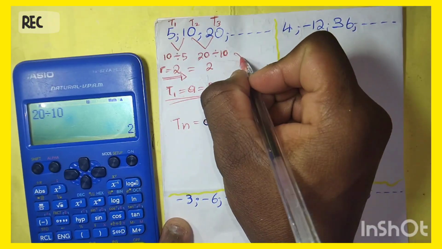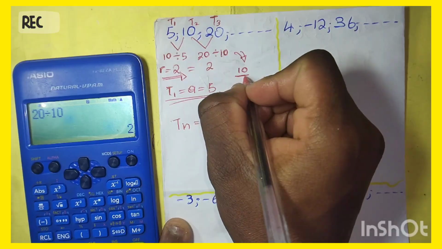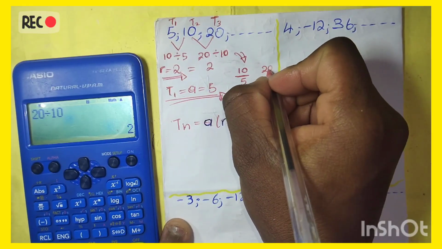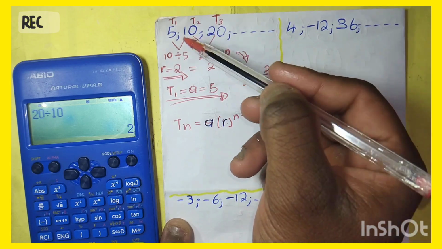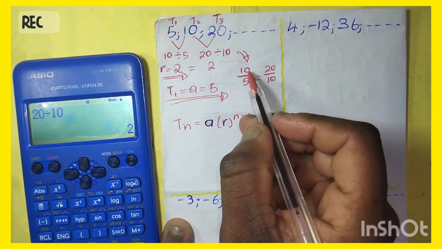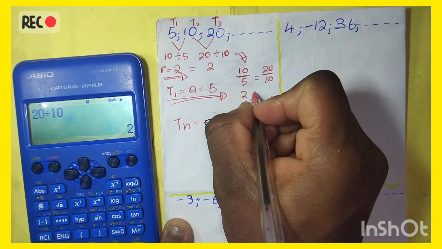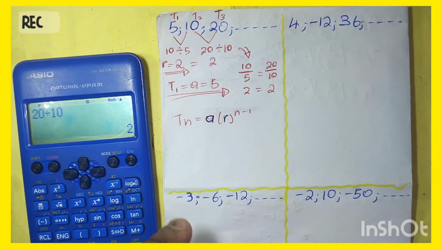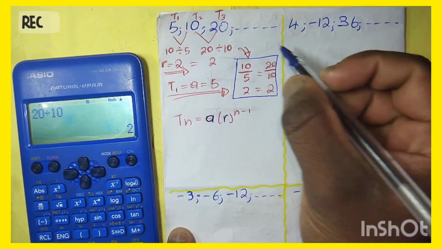Some teachers write it like this, right divided by left, as a fraction. Don't get confused, guys. A division can be written in fraction form, and you'll still get that 2. So please, don't get confused when you see such a thing from your teacher.